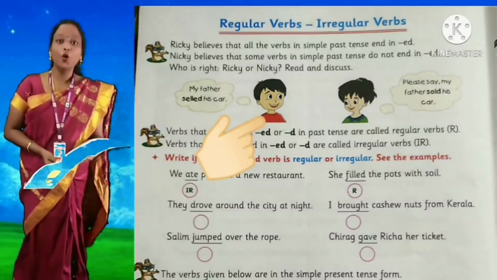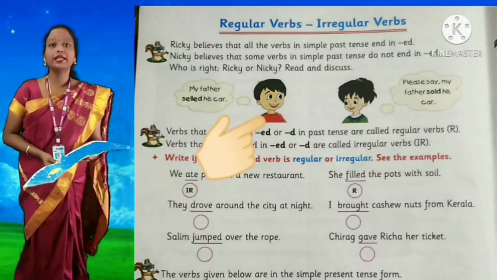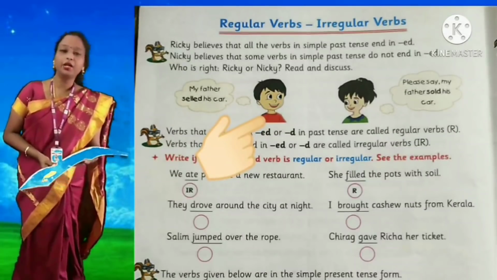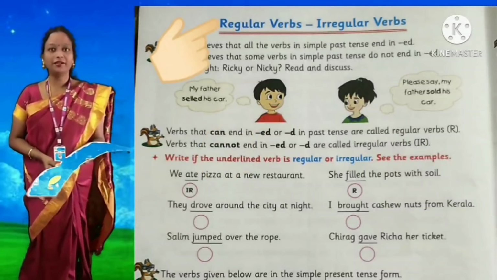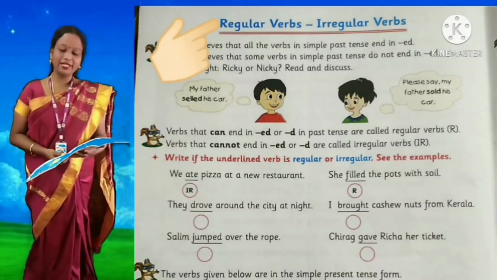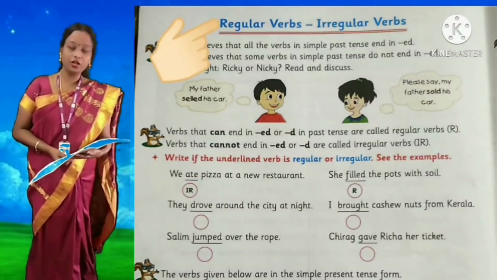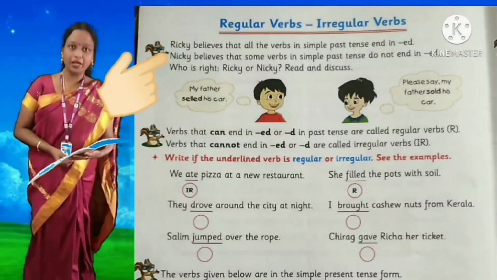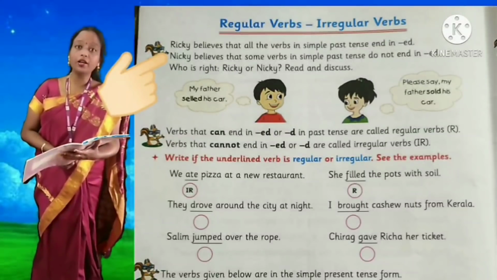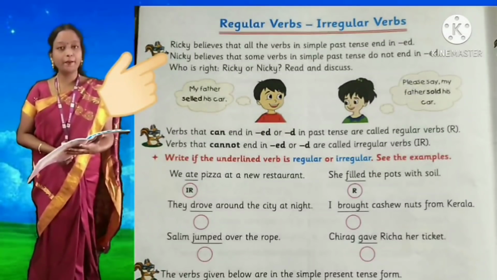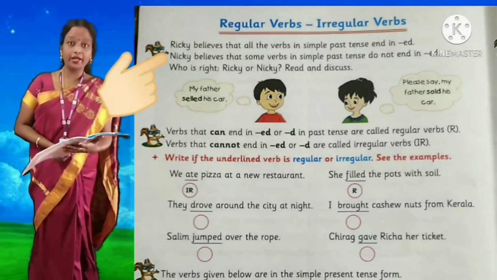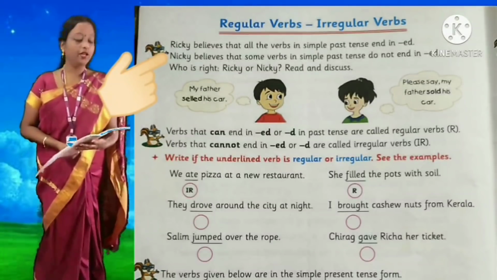Now, children, open page number 68 in your grammar book. Ready, everybody? Yes, children. Now, regular verbs, irregular verbs. Ricky believes that all the verbs in simple past tense end in ed.